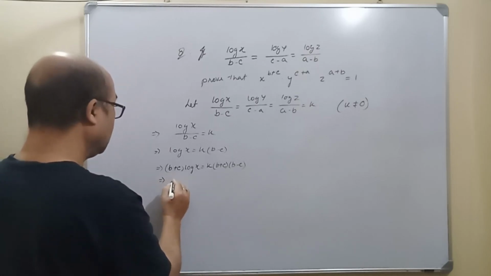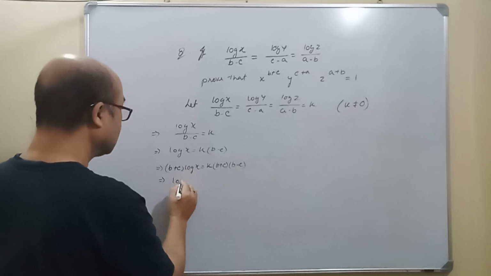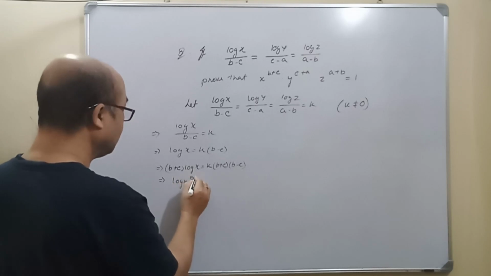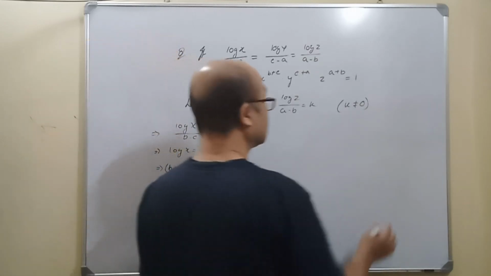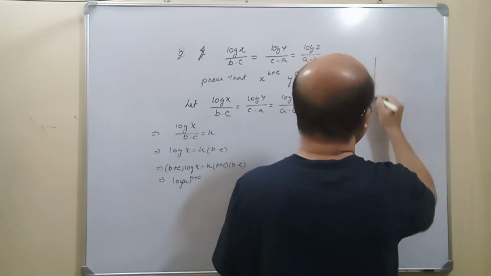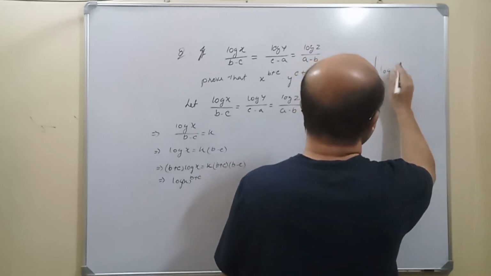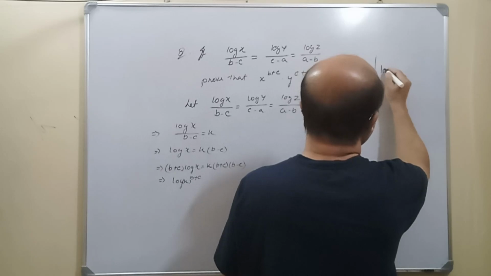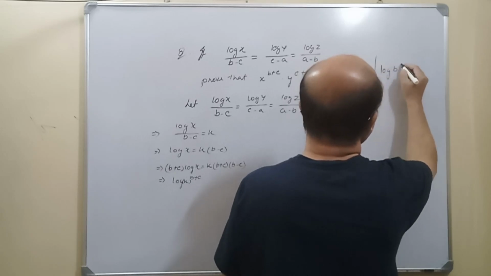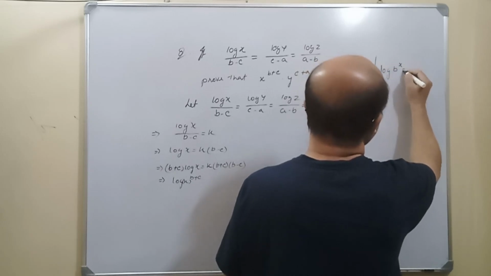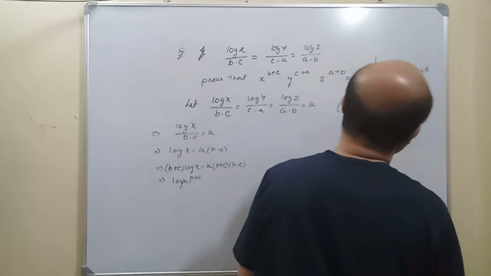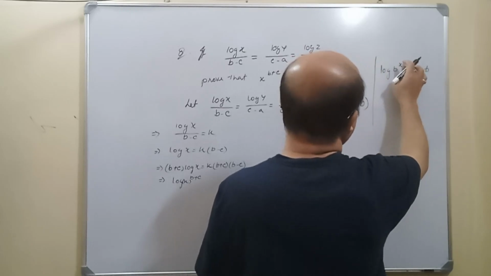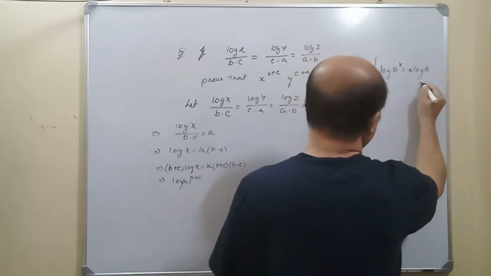But this can be written as log x to the power b plus c. Why? Because log of an entity to the power x is equal to x times log of that entity. So log b to the power x is x into log b.